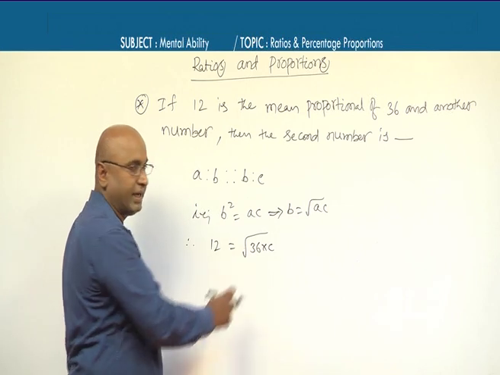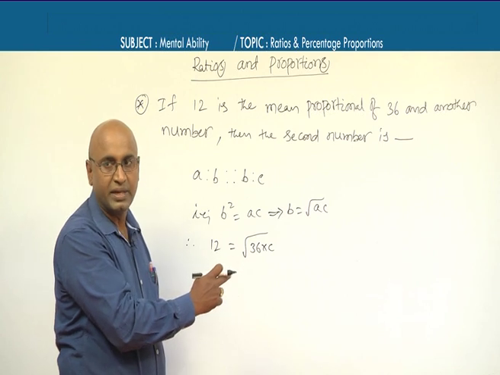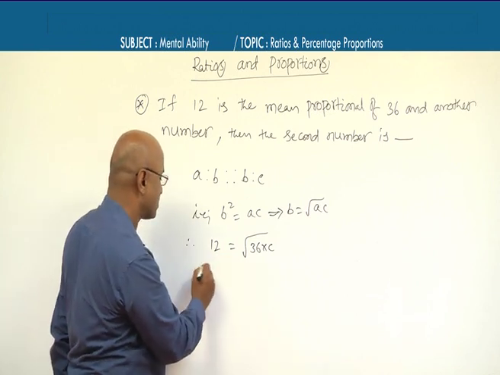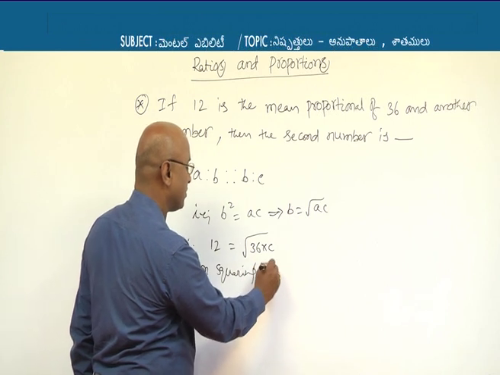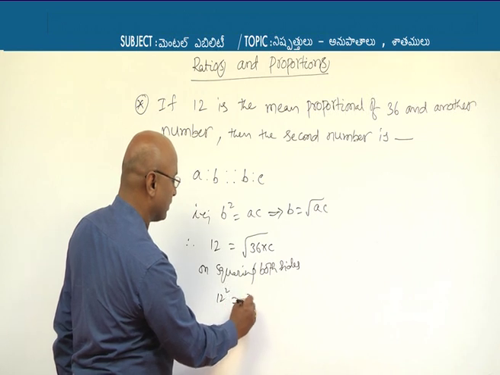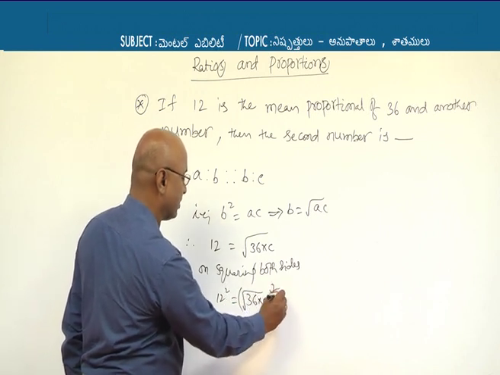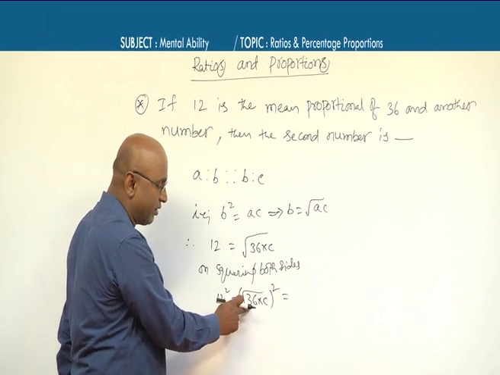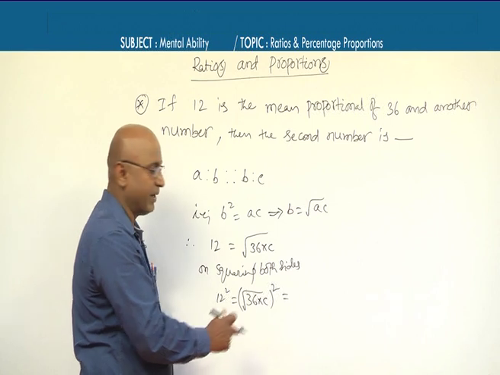Now, in order to find C, if you square both sides, the square root will be eliminated. On squaring both sides, 12 square is equal to 36 into C whole square under root. We saw that the square root of 36 into C is nothing but 36 into C whole to the power of 1 by 2.